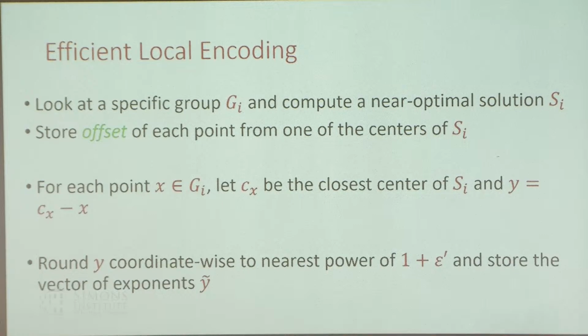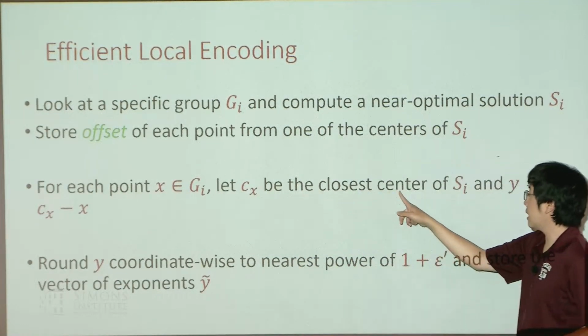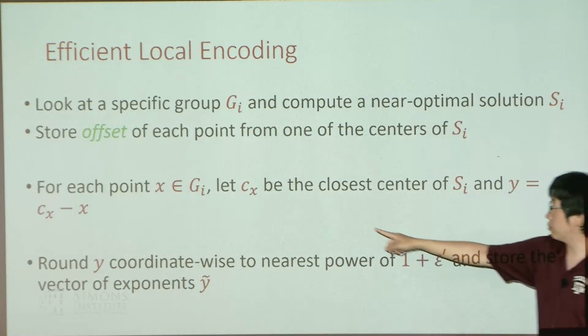Now we're going to encode each point by storing the offset of each point from one of the centers of this constant factor approximation. So you take your point x in this group, and you let Cx be the closest center in this constant factor approximation to the point.